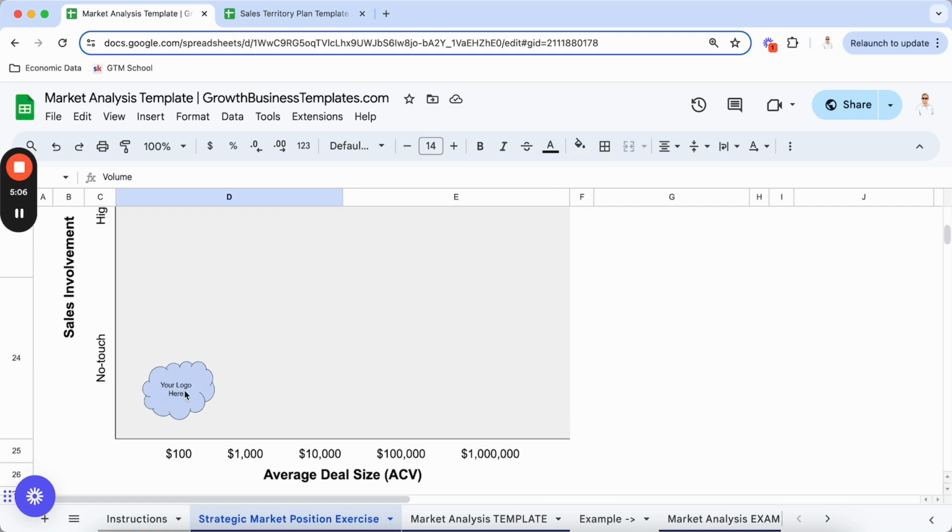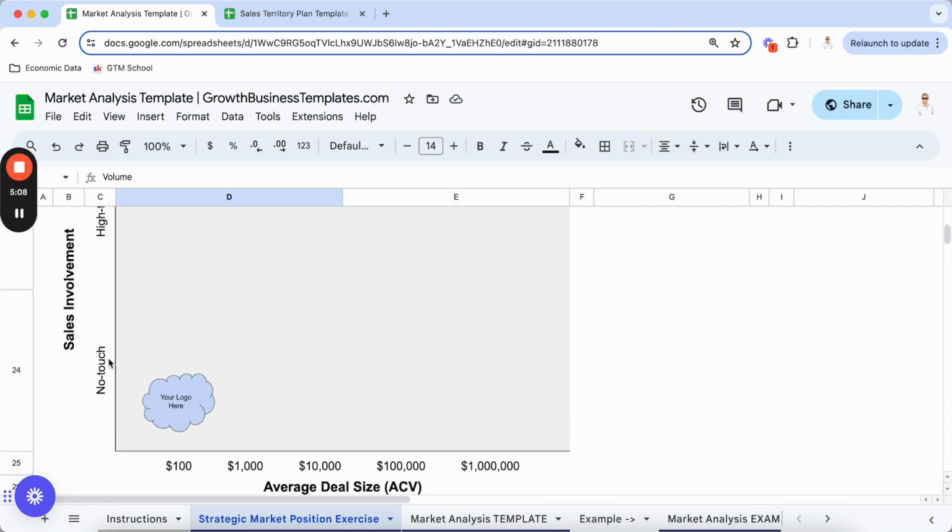And ideally, this line charts up and to the right. You would have a line across the chart here. So as your deal size gets bigger, it becomes a more high touch process. In most cases, that's how it works.